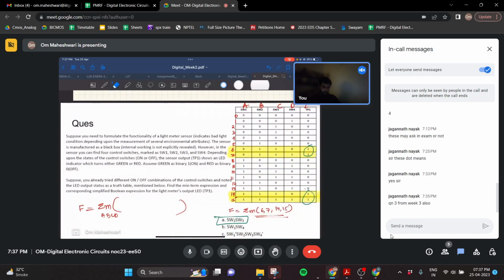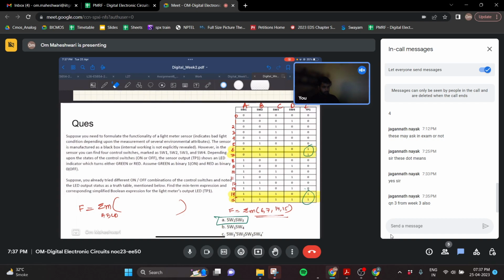Suppose you need to formulate the functionality of a light meter sensor. It indicates bad light condition depending on the measurement of several environmental attributes. The sensor is manufactured as a black box. However, on the sensor you can find four controllers, 1, 2, 3, 4.